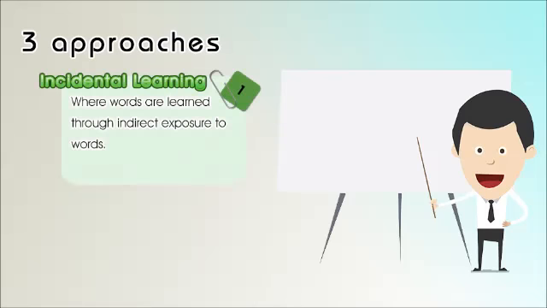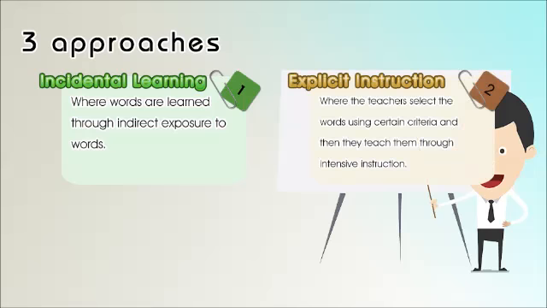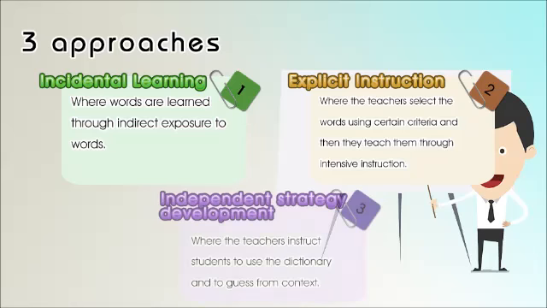1. Incidental learning, where words are learned through direct exposure to words. 2. Explicit instruction, where the teacher selects the word using certain criteria. For example, frequency, usefulness, easy to learn, relevance, fun to learn, etc. And then they teach them through intensive instruction. 3.